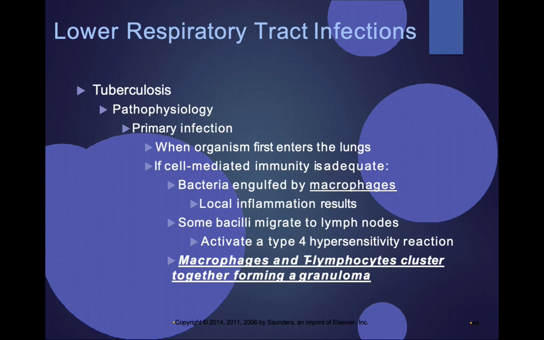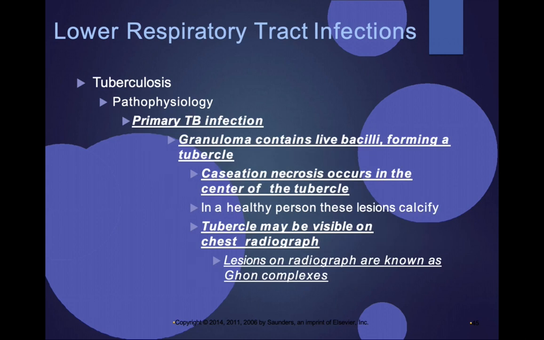The macrophages and the T lymphocytes, they cluster, right? They cluster around together and they form a granuloma. The granuloma contains live bacilli, and it forms what's called a tubercle, and that's an important concept to know.